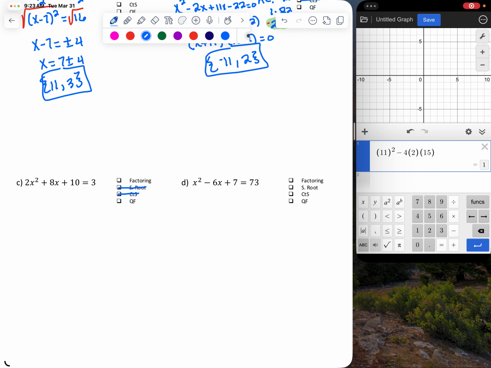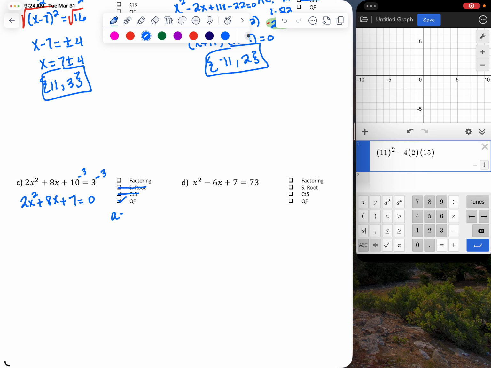And since I used factoring on the last one, I'm going to choose the quadratic formula. So to solve by the quadratic formula, the right side must equal 0. So I want a minus 3 here and here. So that would give me 2x squared plus 8x plus 7 equals 0.